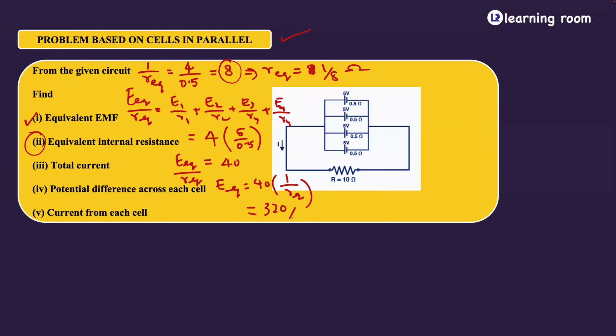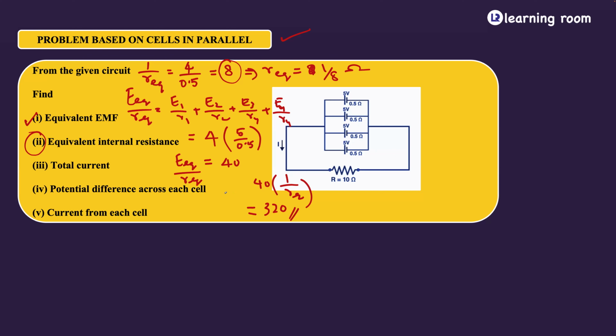So it will have a value of 320. It's not possible. Actually, it can't be greater than that value. It should go as R equivalent. There is a mistake. Sorry, guys.